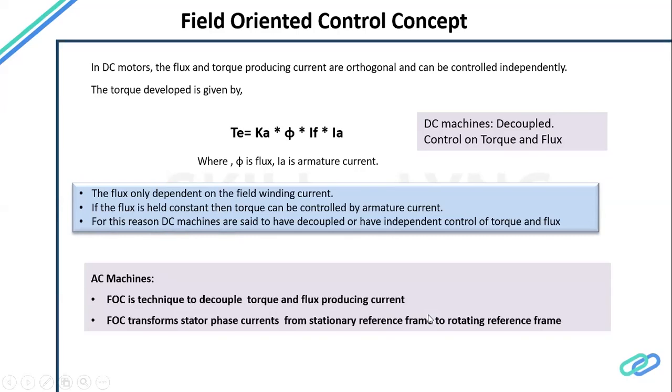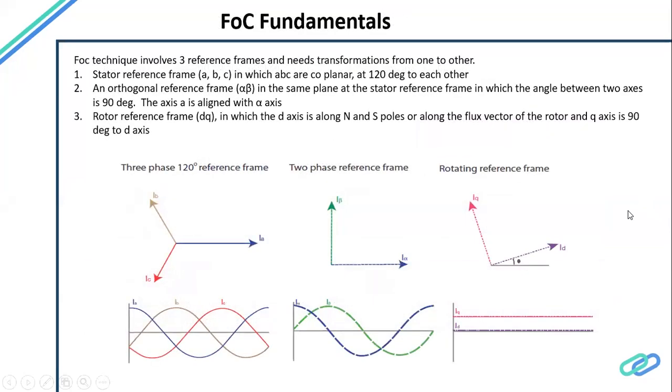So the purpose of this field oriented control is to have a very good control strategy. It's mathematics that we have to put in, and the mathematics will allow us to do the FOC.